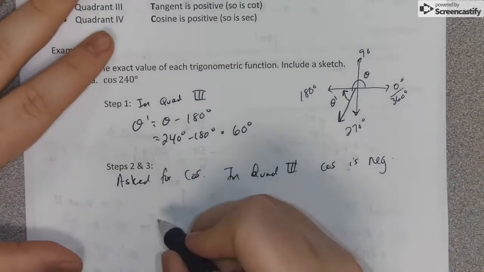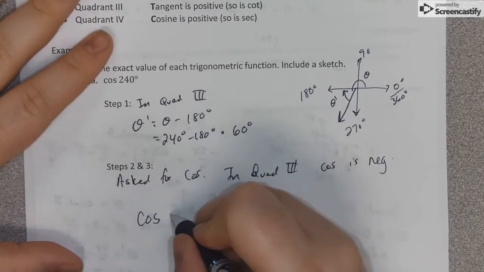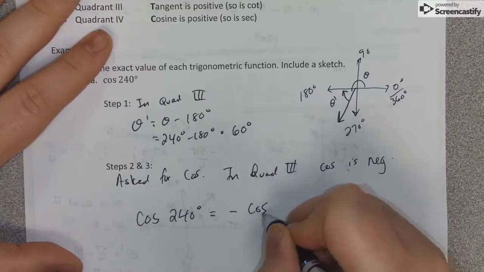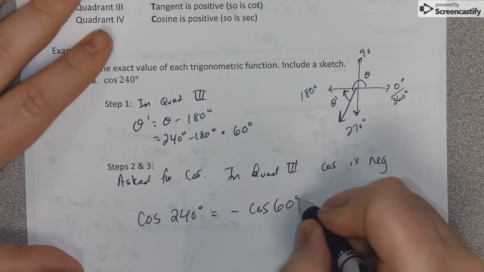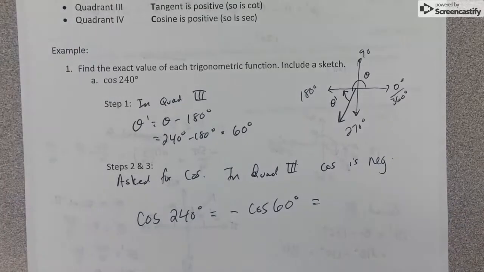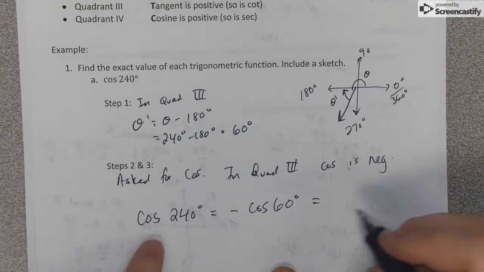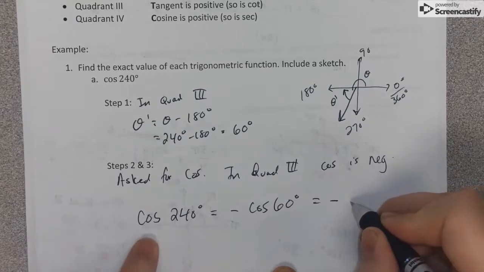So this would be cosine of 240 degrees equals negative cosine 60 degrees, which if you plug in negative cosine 60 degrees in your calculator, you get negative 1/2.